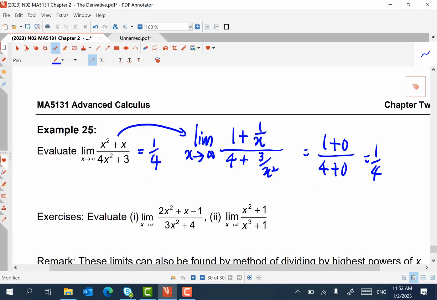Now class, lo and behold, because you have just befriended L'Hopital earlier, you could alternatively do it this way because he is right behind you.